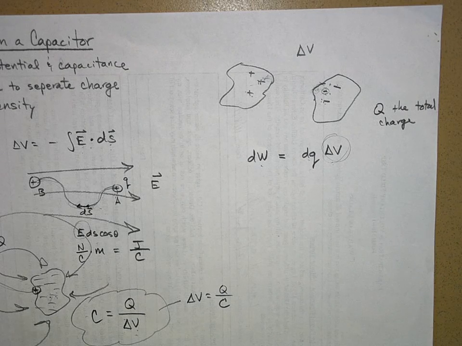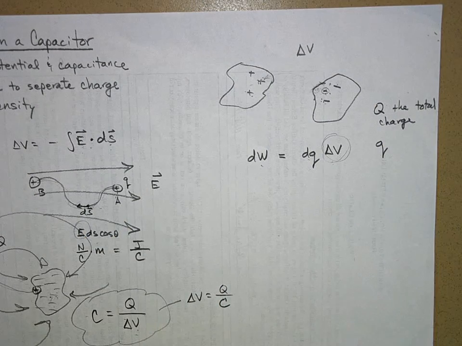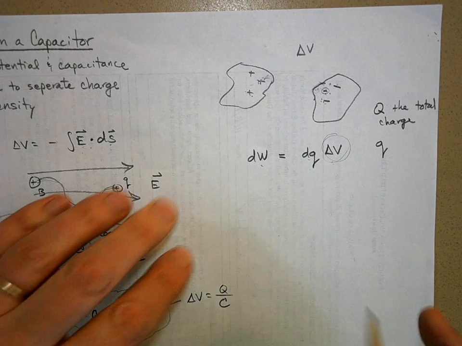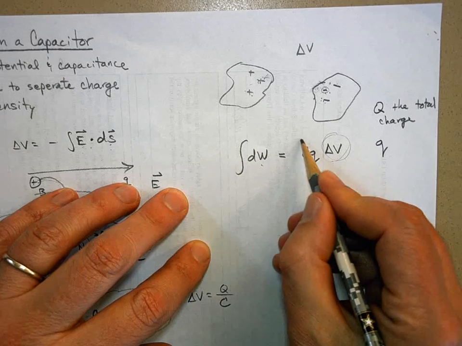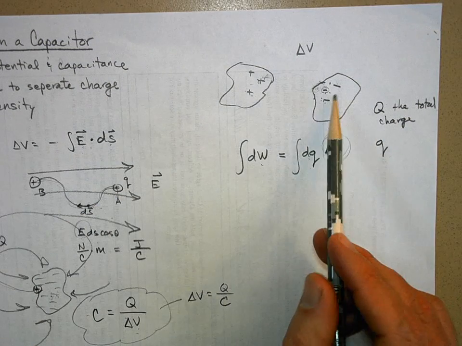Capital Q is the total charge I have on my capacitor when I'm done, the maximum charge I'm going to put on it. Little q is going to be the charge that is time dependent. It's varying. It's the charge I've got at some instant as I'm doing the problem. Okay. So I want to add up all the work it takes to go from here over to here.